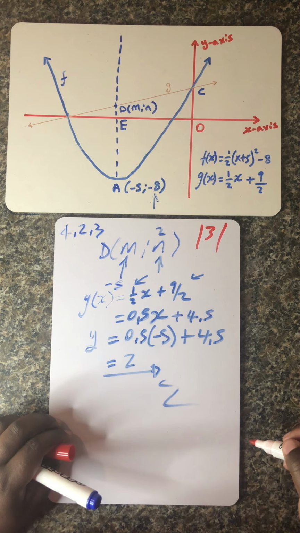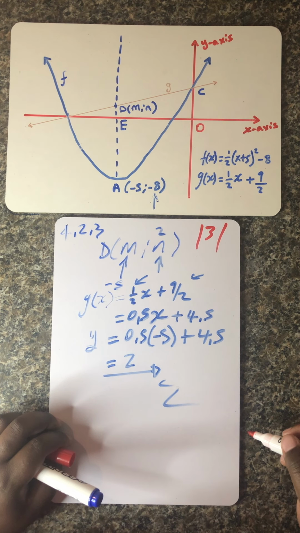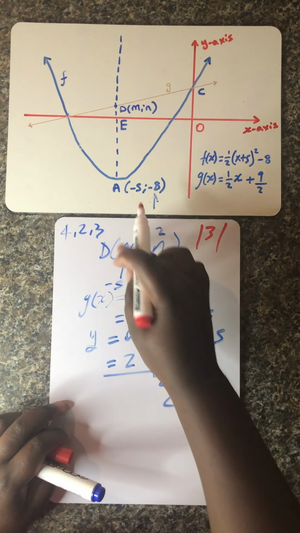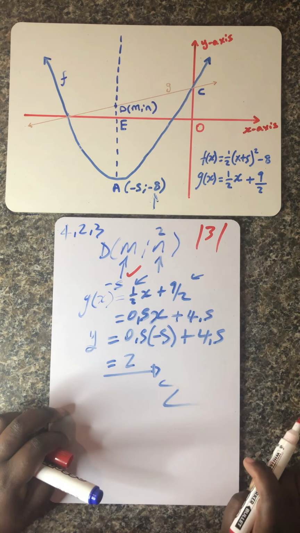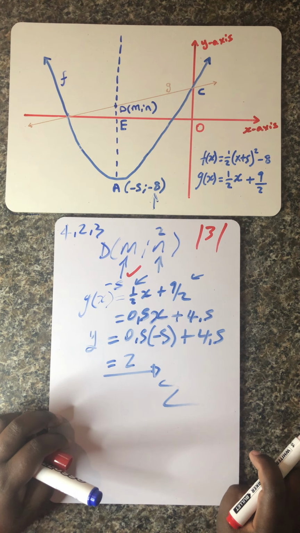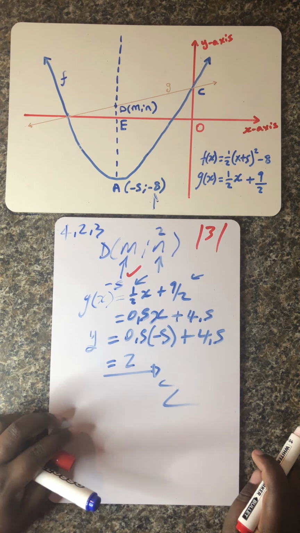What I'm thinking is they're going to give you a mark for being able to know that the m value there equals -5. I'm not sure if you guys remember how you get that value of -5.